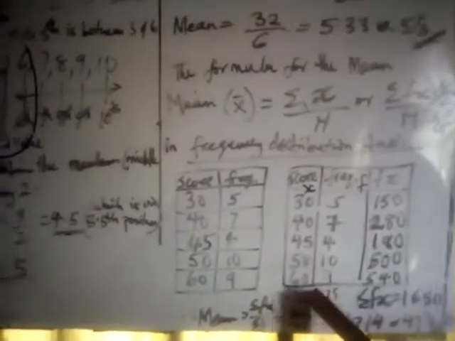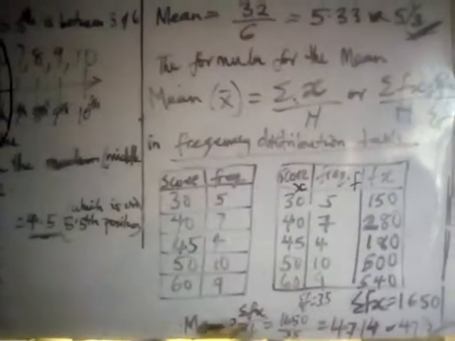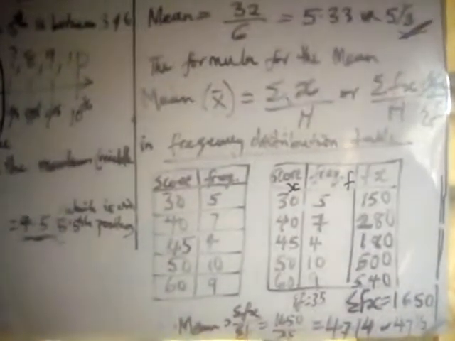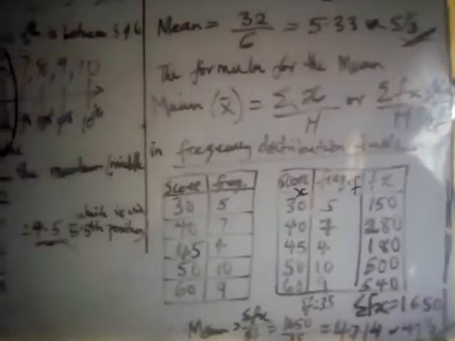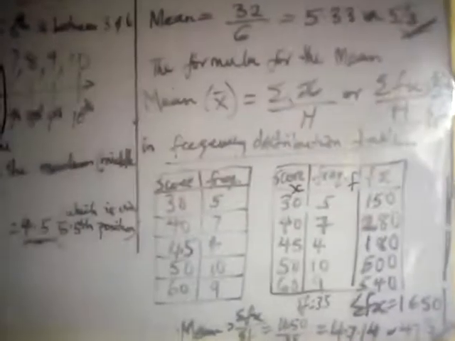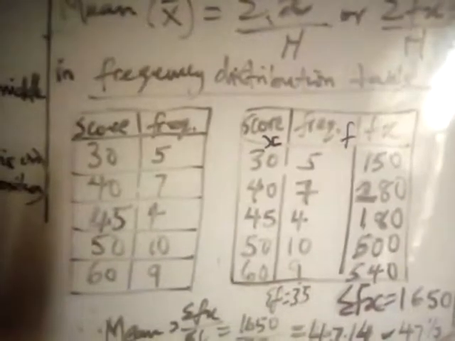Don't forget, summation f is also represented with capital N. So the mean is summation fx over summation f, that is 1650 divided by 35, which is equal to 47.14, or 47 whole number 1 over 7.